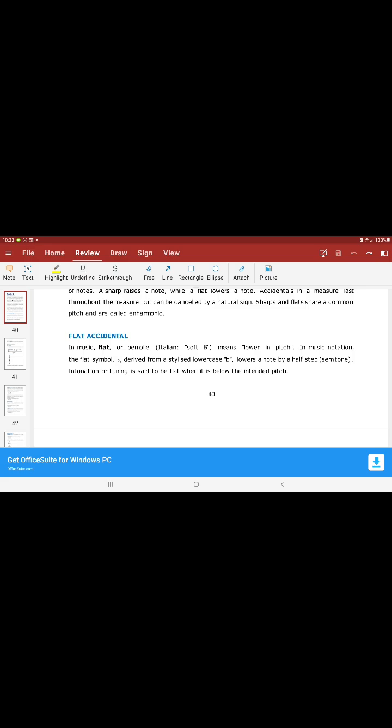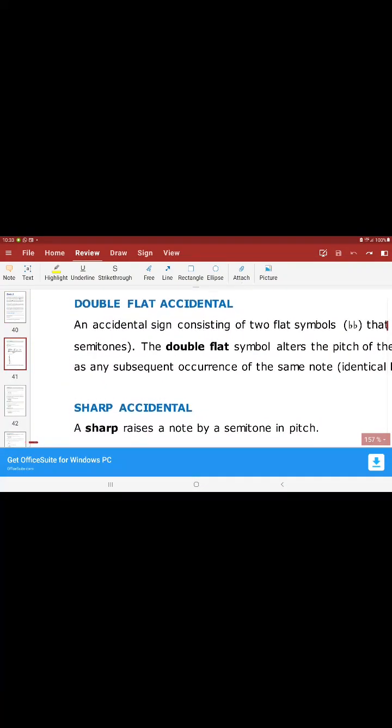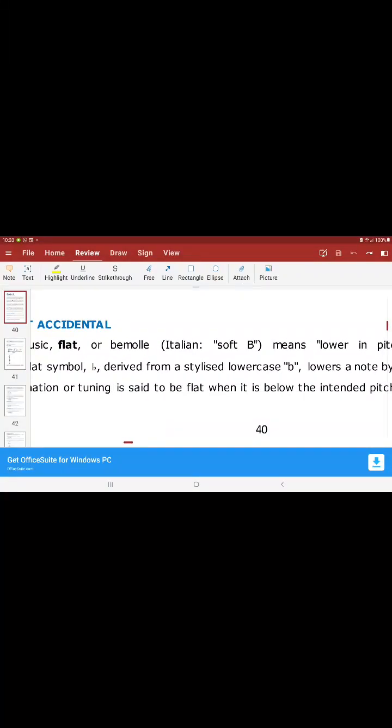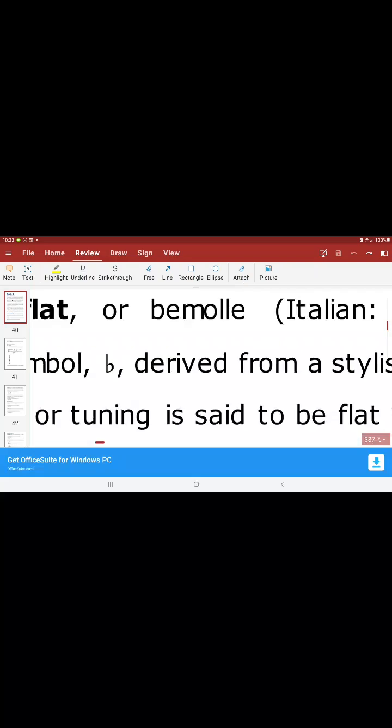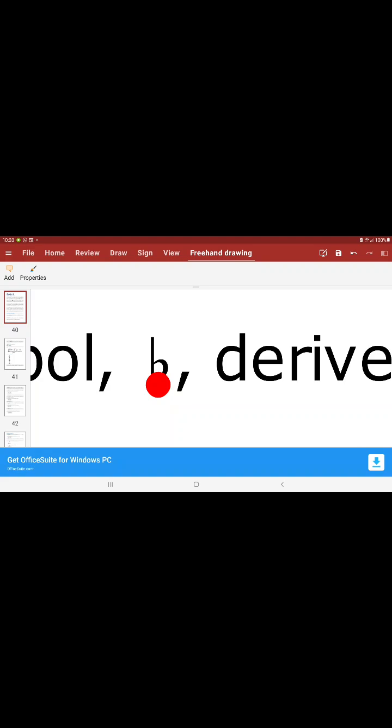So B becoming B flat. The flat is written as an abnormal b. You see the shape, as you can see there. You can write it yourself.